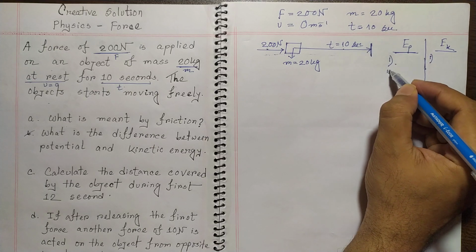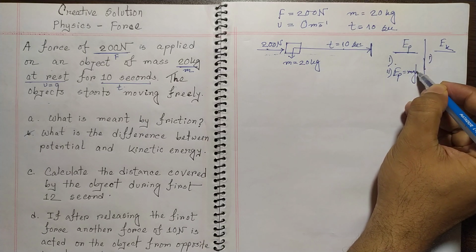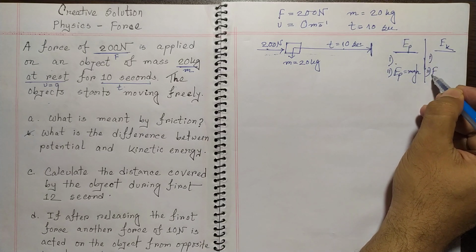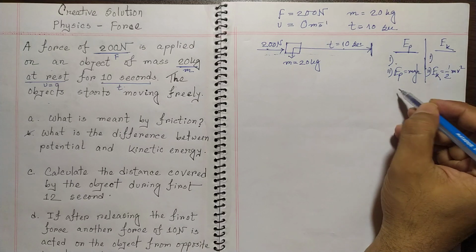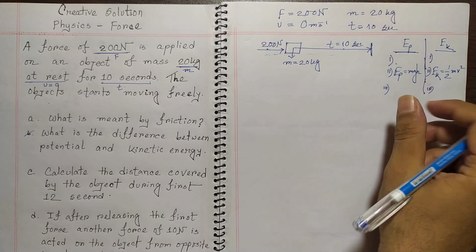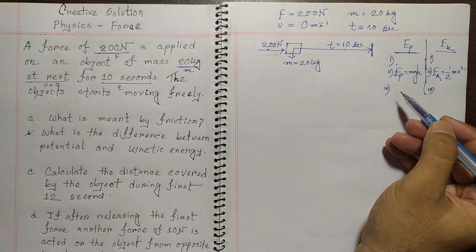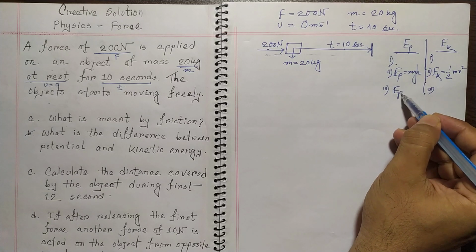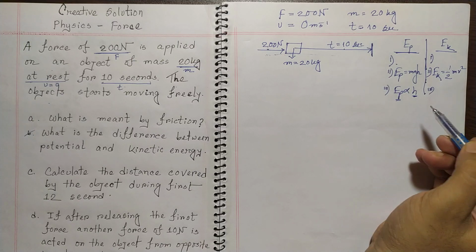Second, the equation: EP is mgh, and EK is half mv square. The third difference: if the mass is constant, the potential energy EP is directly proportional to height, so if there is more height, the potential energy would be greater.